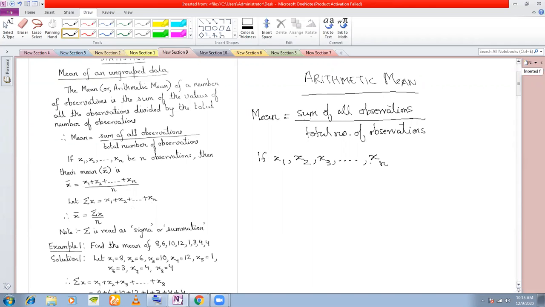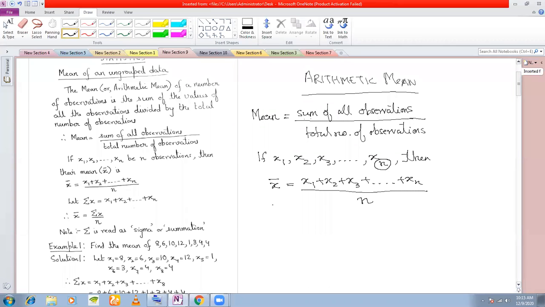Then the mean marks is denoted by x bar is equal to sum of the observations divided by total number of observations. We are taking n number of observations. So that is why we divide this by n. Mathematically, this is how we write.